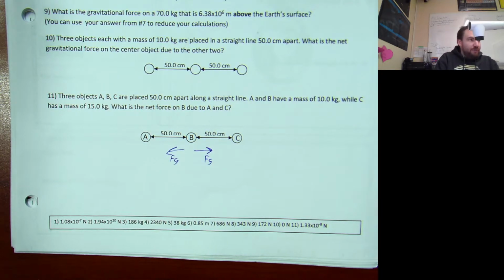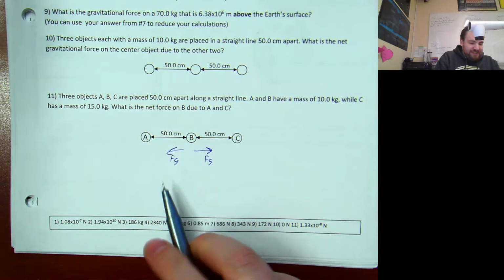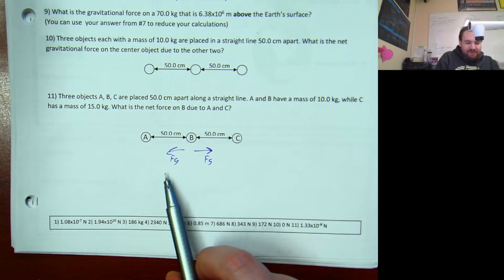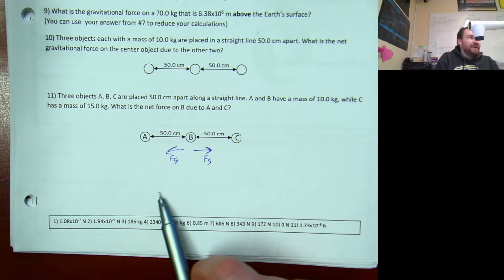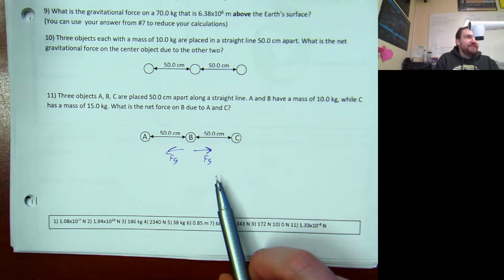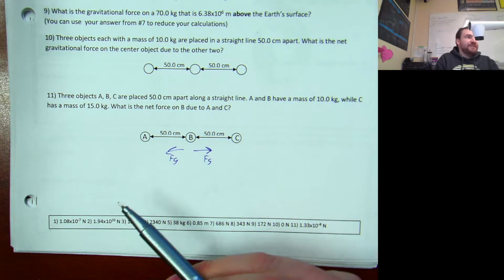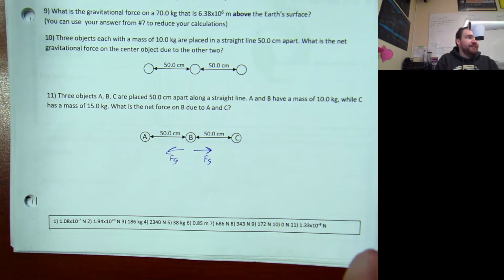So you're going to have 6.67 times 10 to the negative 11 times 10 times 10 divided by 0.5 squared, and on the right-hand side, 6.67 times 10 to the negative 11 times 10 times 15 divided by 0.5 squared. One of those is positive, one's negative, so you add them together. I'm certain you did it correctly.